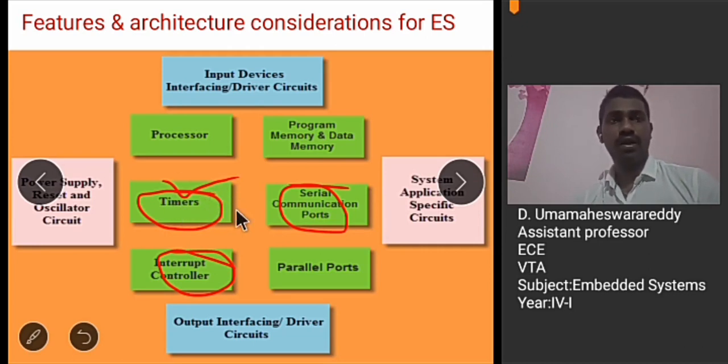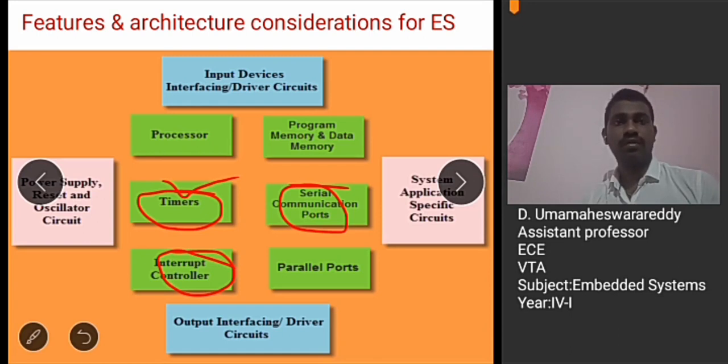Just coming to another peripheral, the watchdog timer. For what is the watchdog timer used? The watchdog timer is used for restarting your controller or processor when any software or hardware failure occurs. That is the use of the watchdog timer. Next, real-time clock. Real-time clock is used for keeping track of the time of day. That means this module provides seconds, minutes, hours, day of the week, day of the month, and year.